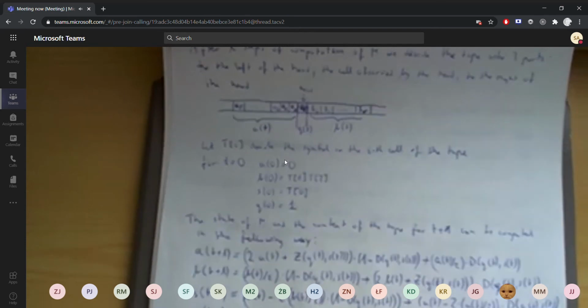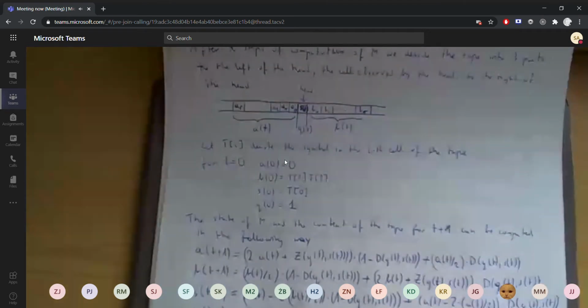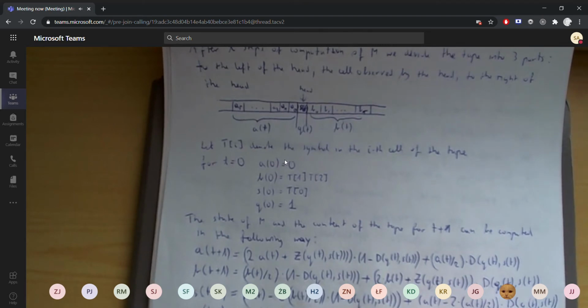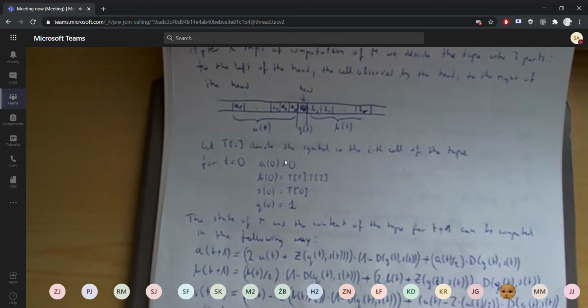So when our Turing machine M halts, when it reaches the accepting state, so the accepting state is 0, so when q of t equals 0. Okay, so maybe I will write in brackets that t is the moment when M stops.